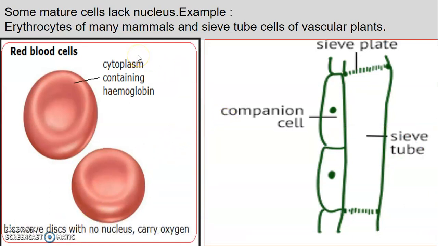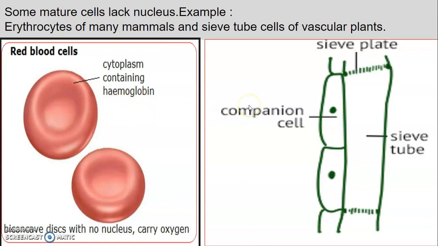Now, in the case of eukaryotes, in certain cases we can see that at maturity the cell lacks a nucleus, or at maturity the nucleus is absent. Examples: in the case of mammals, the erythrocytes or RBC lack a nucleus.